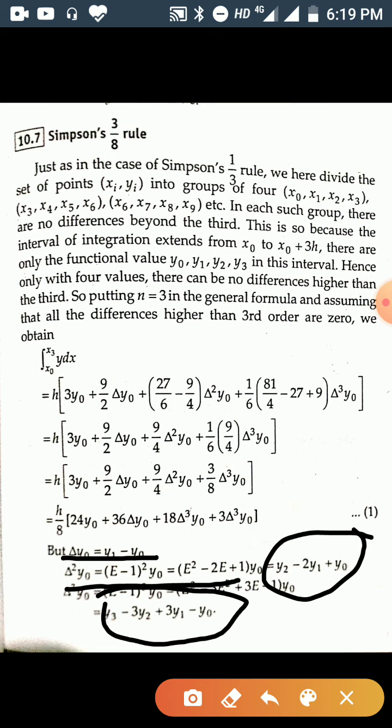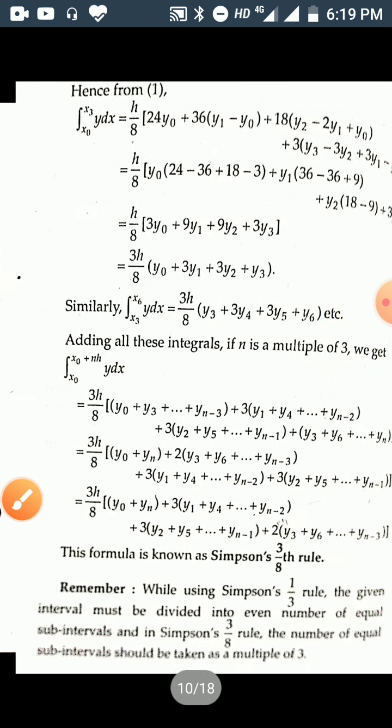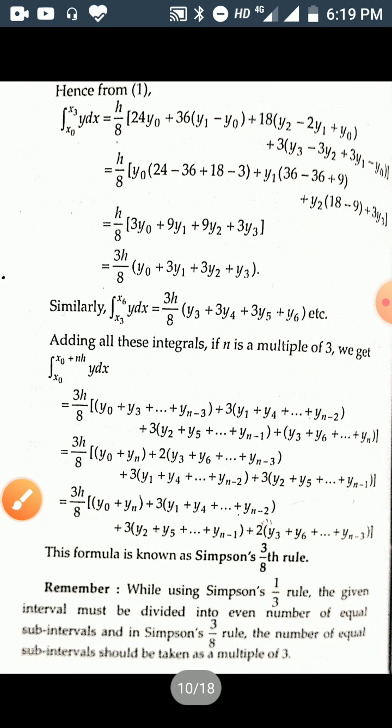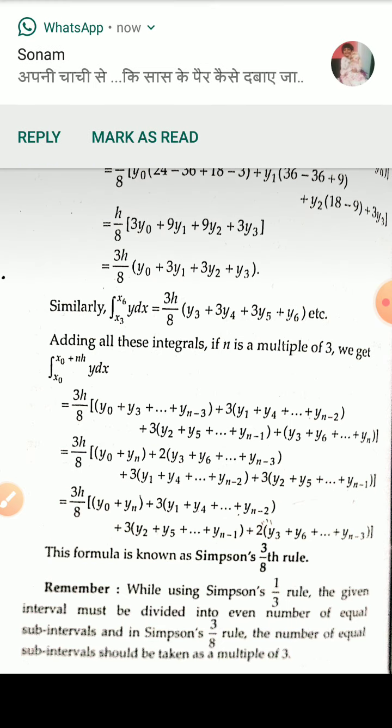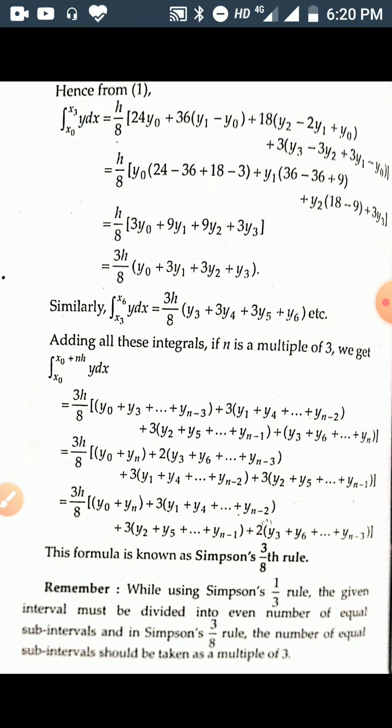Substituting all these values in the equation, we will get the integral from x0 to x3 of y dx is h by 8 [24 y0 plus 36 (y1 minus y0) plus 18 (y2 minus 2y1 plus y0) plus 3 (y3 minus 3y2 plus 3y1 minus y0)].